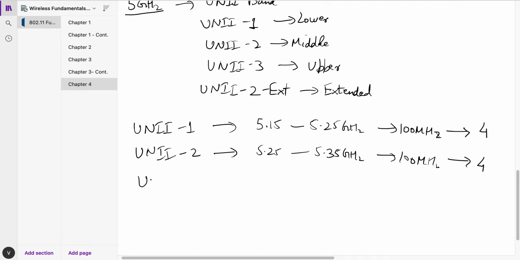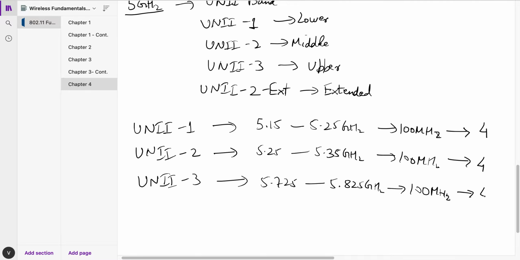Now, the UNII 3 band covers 5.725 to 5.825 gigahertz, again giving us 100 megahertz of space, and again has four channels.